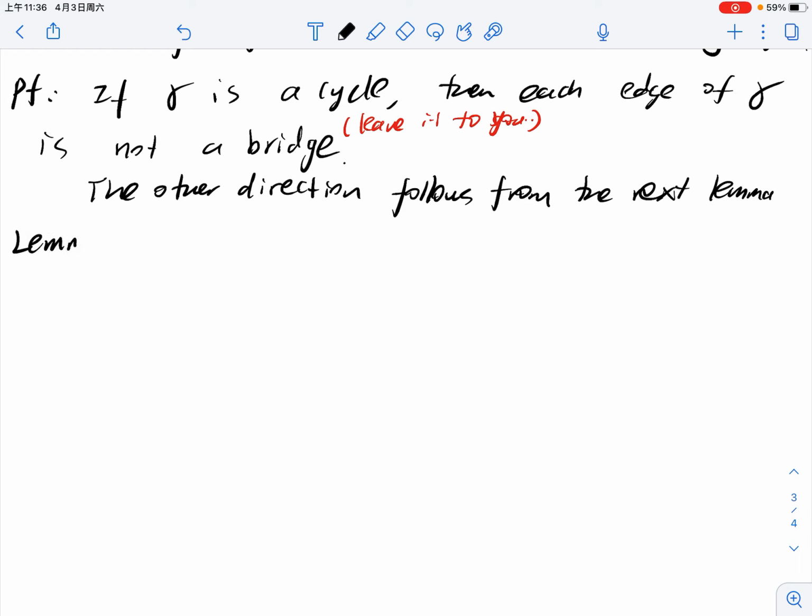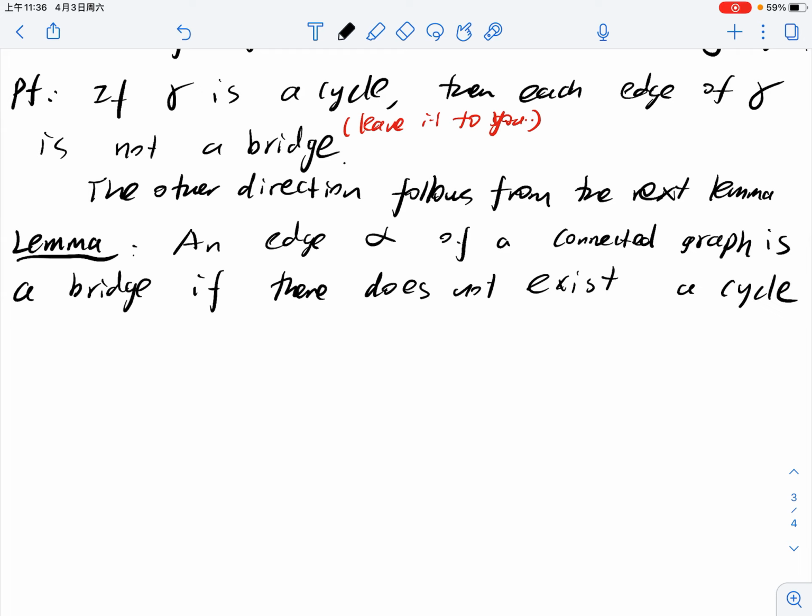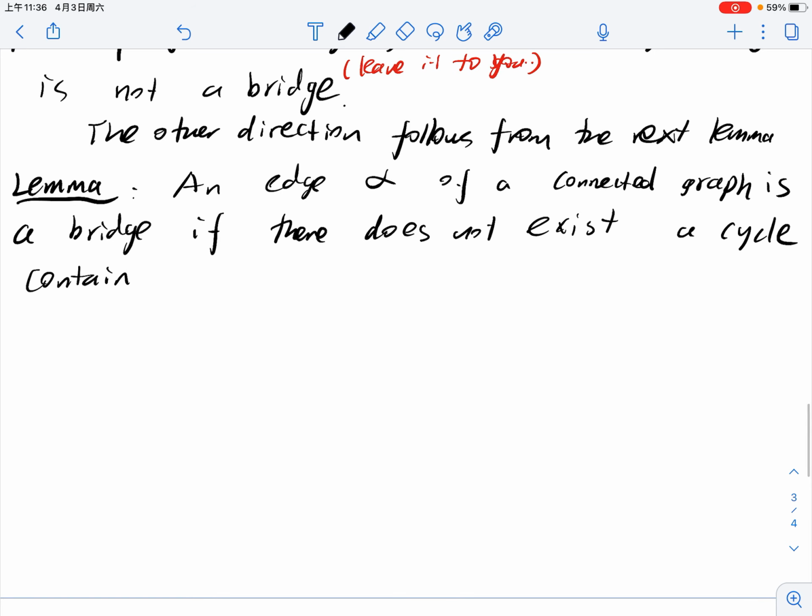So here's a lemma. An edge alpha of a connected graph is a bridge if there does not exist a cycle containing alpha.